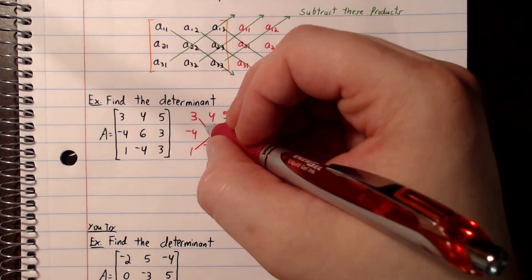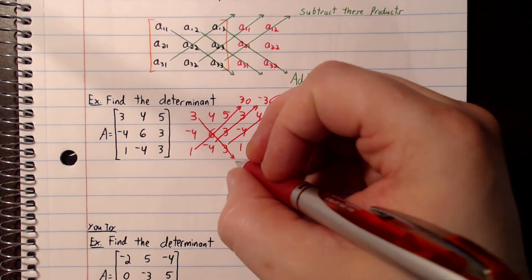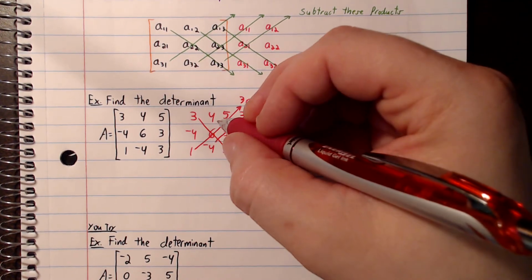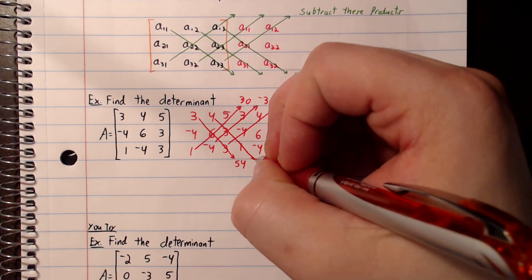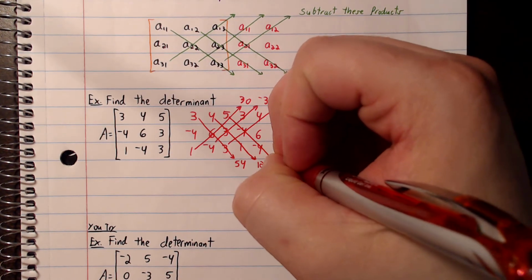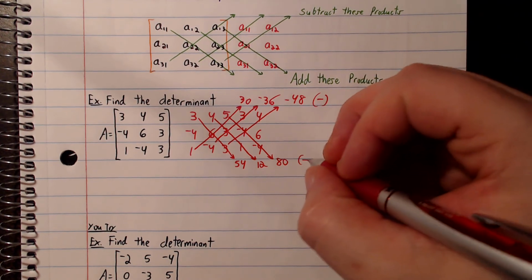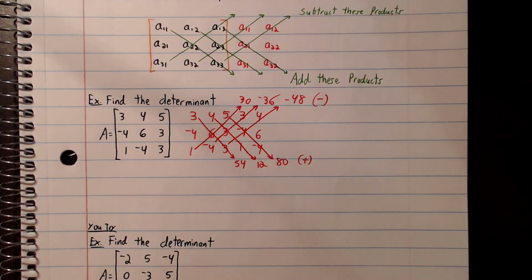Then we got to go across this way. 3 times 6 times 3 is 54. 4 times 3 times 1 is 12. 5 times 4 times 4 is positive 80. And these are the ones that we're going to add.